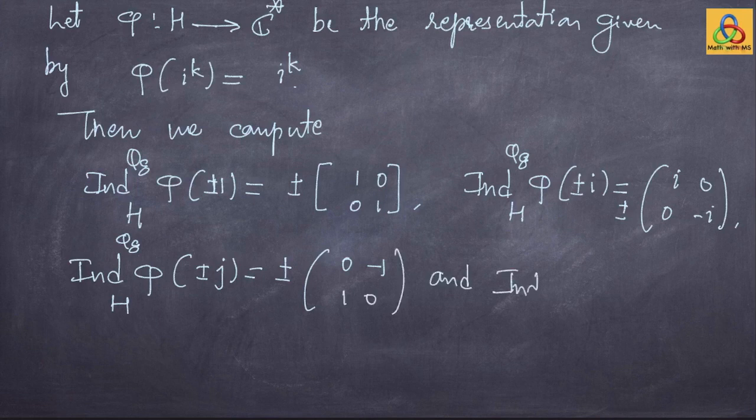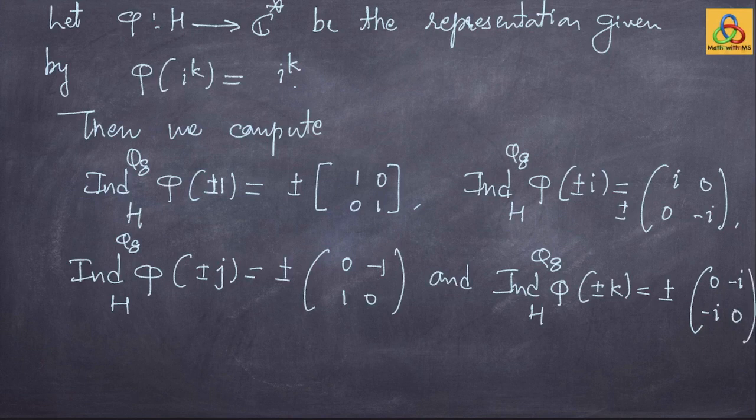Finally the induction acting on plus or minus k is plus or minus the matrix 0 minus iota iota 0. Just write down the definition and you will see that you can compute the induction like this.